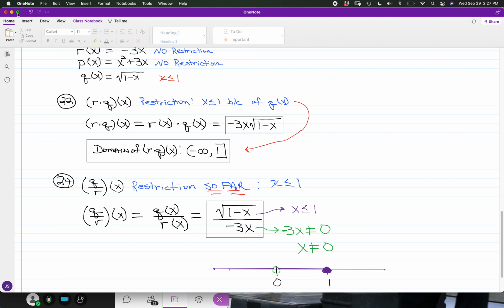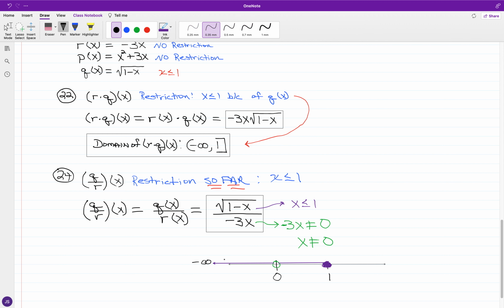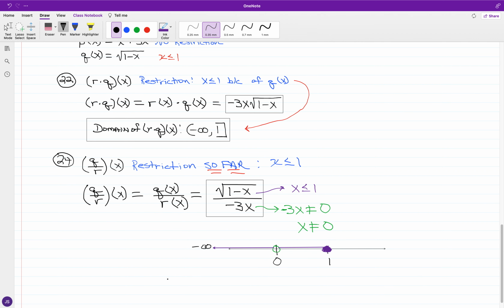And so for what we have here, for the limits, and placing interval notation for the domain of q over r of x. So we have at the lower end, between negative infinity and 0, but not including 0.